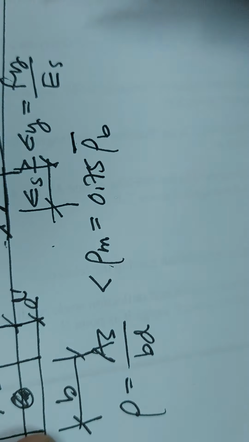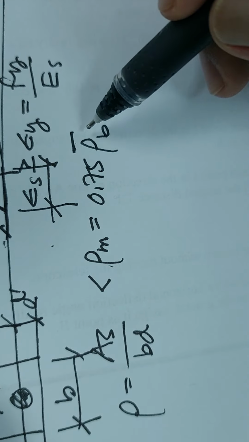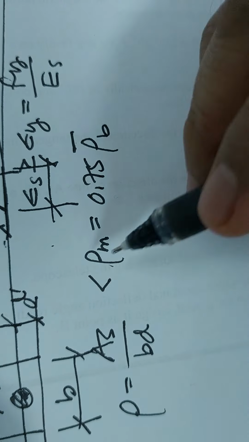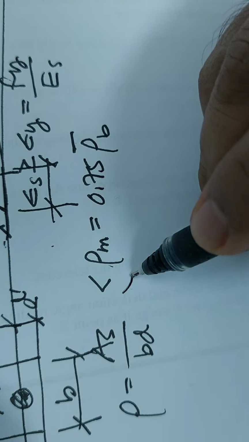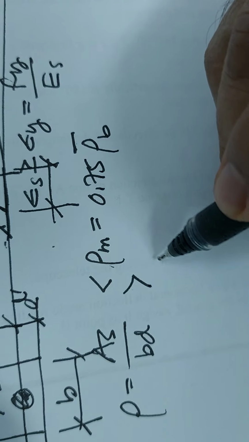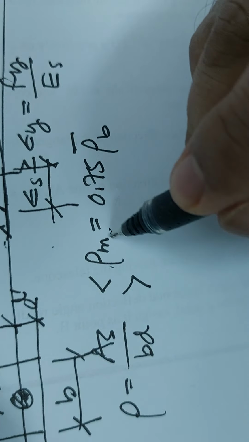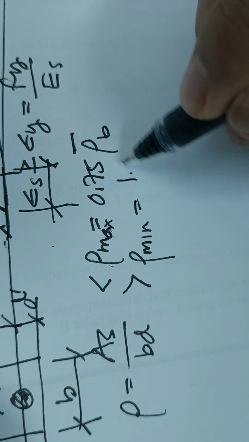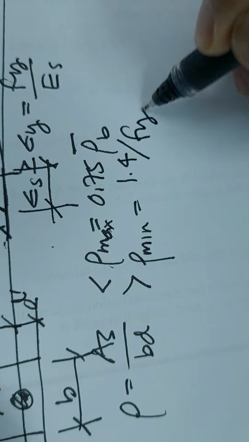Therefore, there is a bar to differentiate the singly reinforced balanced steel ratio from the doubly reinforced. And the same, the actual steel ratio should not be less than the minimum of 1.4 divided by Fy.